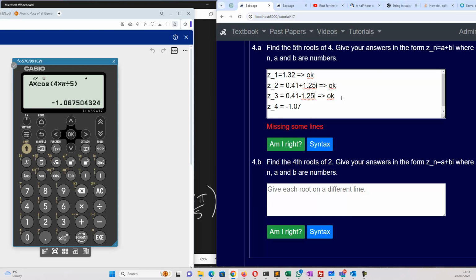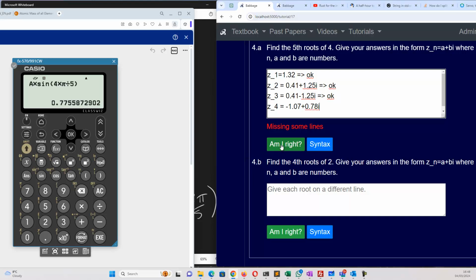That's the real part. And now for the imaginary part, we'll change the cosine to sine. And that's going to be sine. And that gives us 0.78. So that's going to be plus 0.78i.